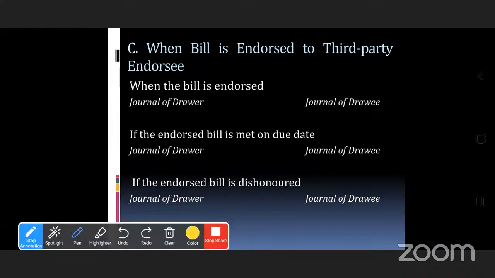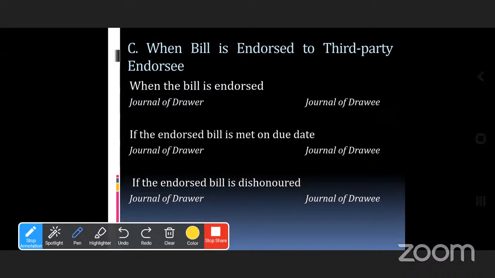So the another option with the drawer is when the bill is endorsed to a third party. So when the bill is endorsed, the endorsee is the person to whom the bill is endorsed. So this is another use of the bill of exchange by the drawer.